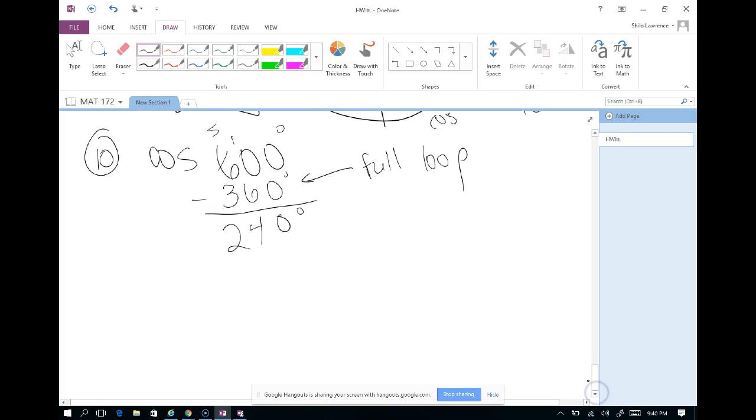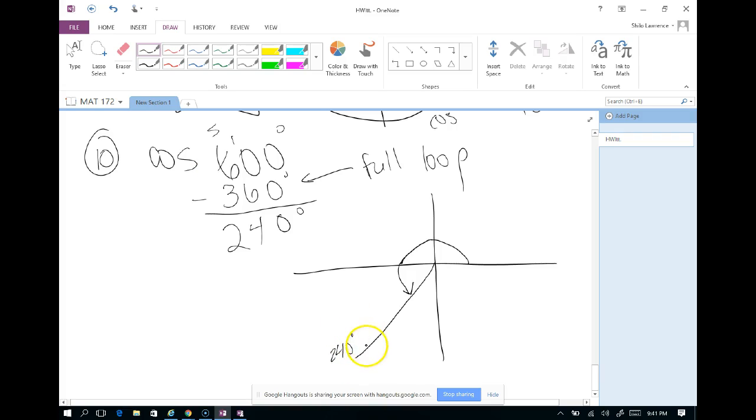So in order to find a reference angle for 240, we need to know what quadrant it's in. So remember, each of these is 90, so there's 90, 180, and all the way to the next one would be 270. And we're not going all the way to 270, we're stopping here at 240. So it's somewhere in quadrant 3.